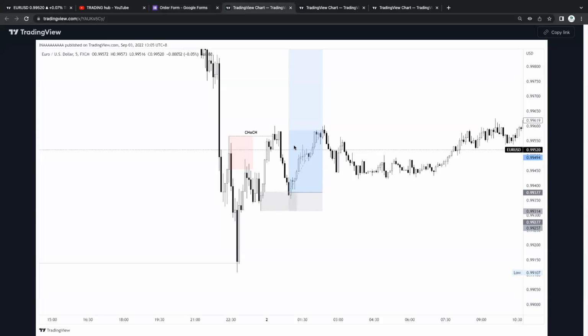EURUSD. What is this? Flip. You can say this could be your flip, but there is no imbalance here, but it's okay.